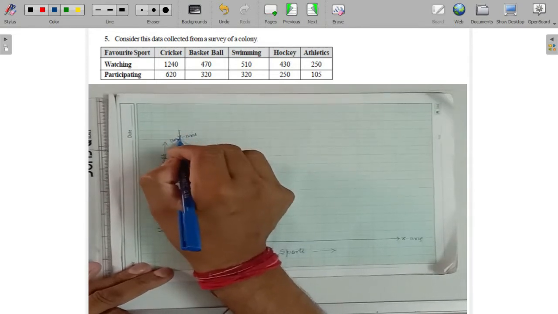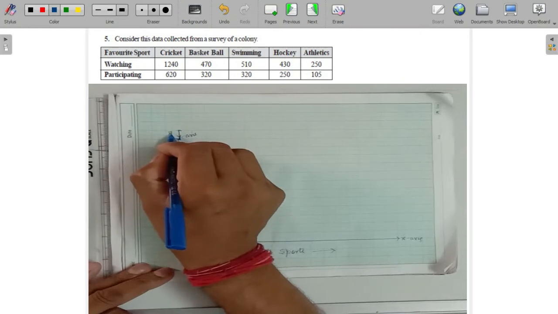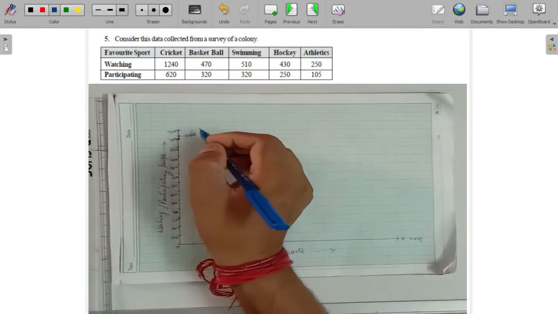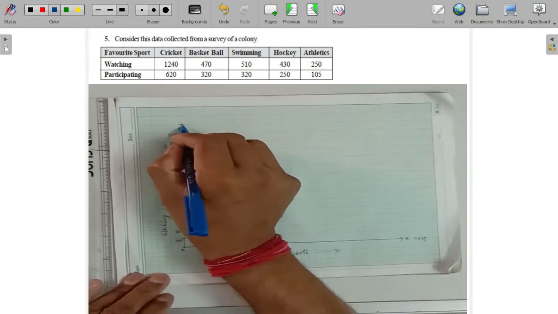You have to take one more line, that is 1300. You have to take up to 1300. This is your y-axis.